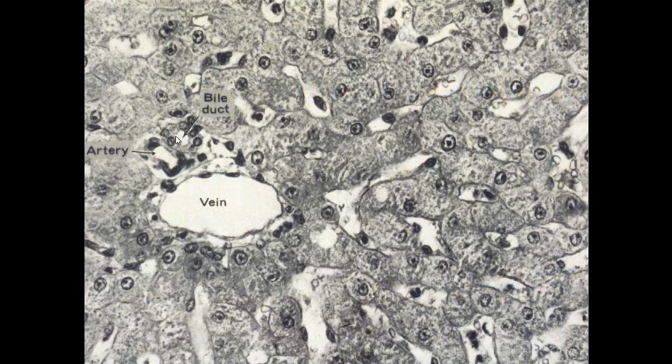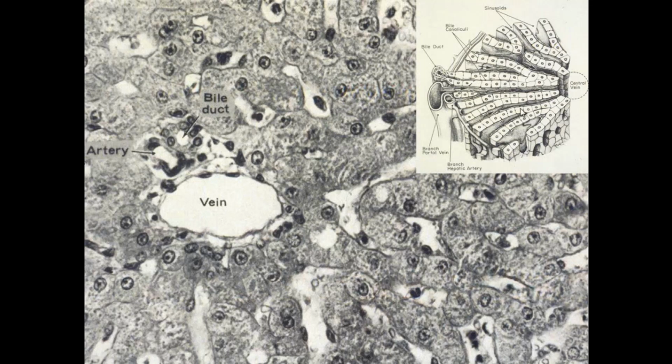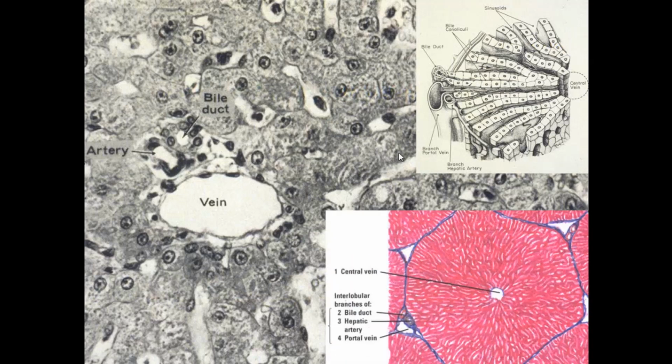You can see the cuboidal cells in through there making up that duct, artery, and the hepatic vein. And you can see cords of cells in through these are hepatocytes. These are the blood sinuses that are on either side of those cells. You can see there are individual cells lined up, touching sinuses on either side, and also the bile canaliculus is in between two different cells.